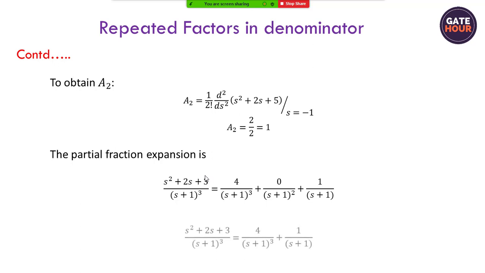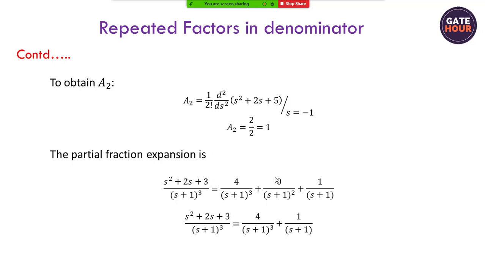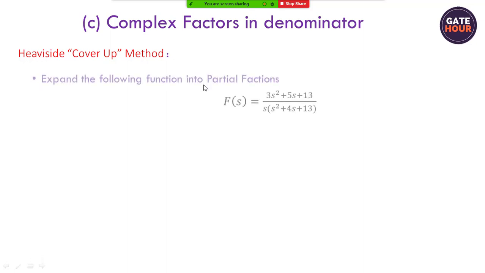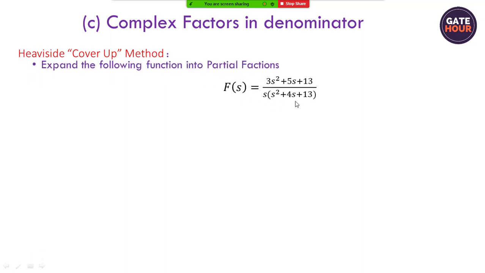So we go to our next case, when complex factors are there in the denominator. This method is exactly similar to the first case. This is the f of s given. Now we want to find the roots.